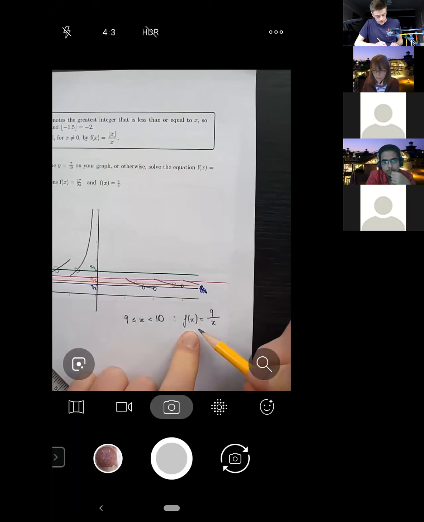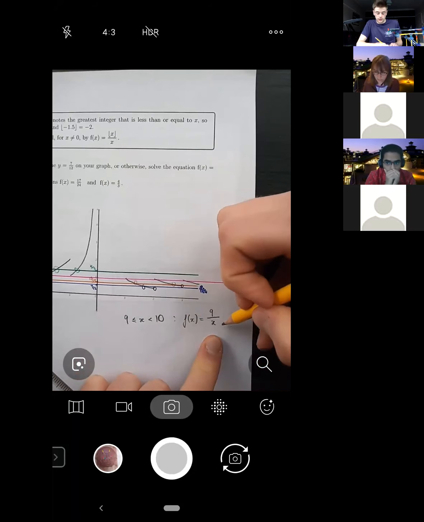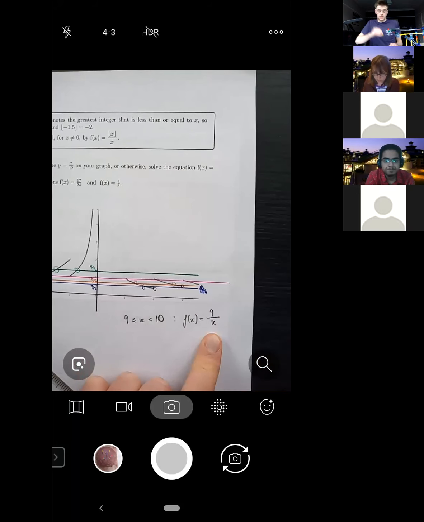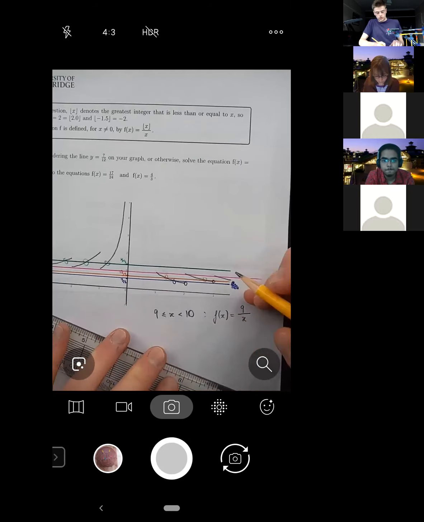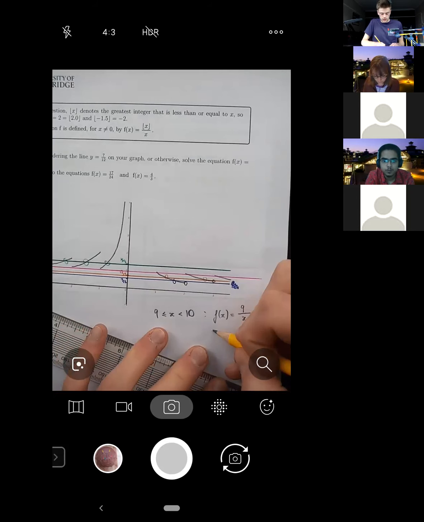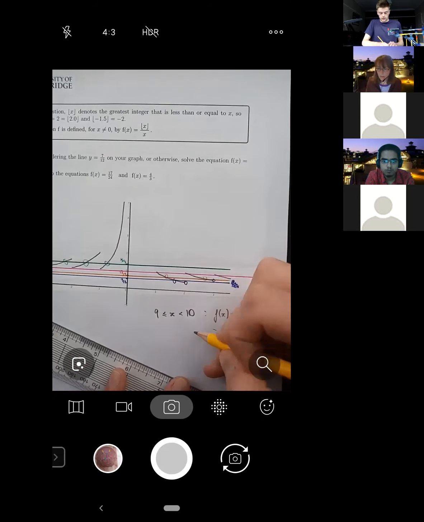Okay, and as x gets very, very close to 10, this is going to get very close to 9/10. So we see that one of the branches is going to just not quite take the value 9/10. Okay, so somewhere along here we've got a branch that looks like this. It's got a hollow circle, and this is at a height of 9/10.